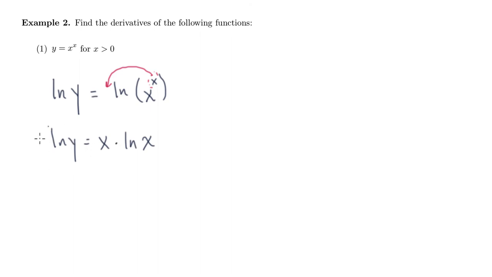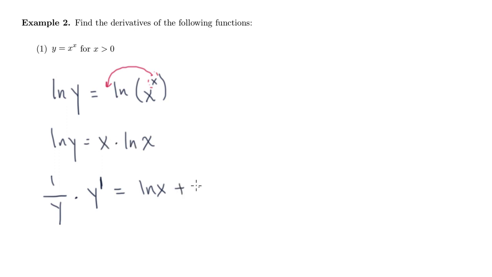So the derivative of natural log of y is 1 over y times y prime, the derivative of y. And then on the right-hand side, this is just a product rule. So the derivative of x is 1 times natural log of x.